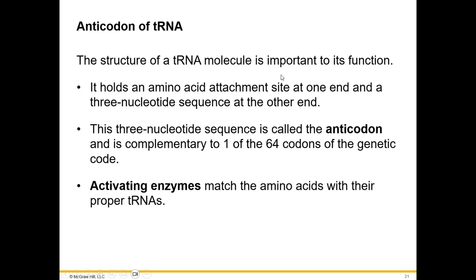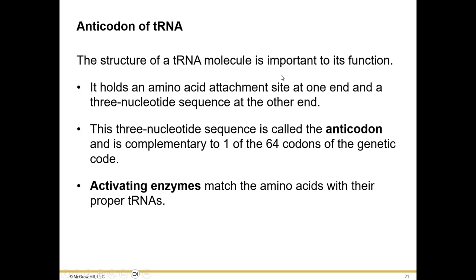So this 3 nucleotide sequence is called the anticodon, and it's complementary to one of those 64 codons in the genetic code. So basically our mRNA has codons, which are 3 nucleotides, and then our tRNA has the complementary anticodon, which are going to pair up with those 3 codons on mRNA.